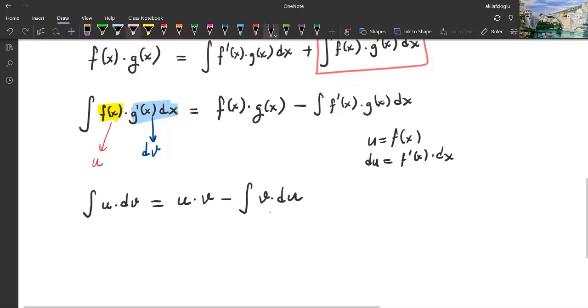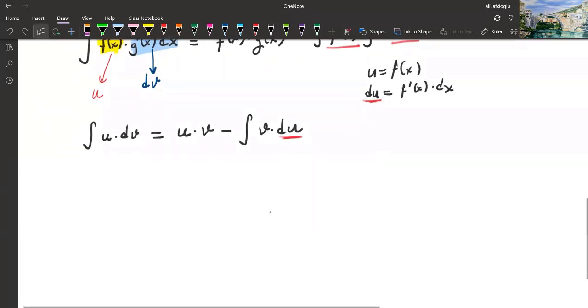So this product, f prime of x times dx, will be du. Because of that, I wrote here du. Now this is the original formula: integral of u dv is equal to u times v minus integral of v du.